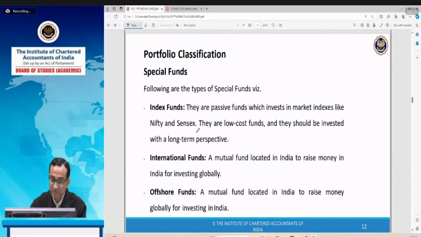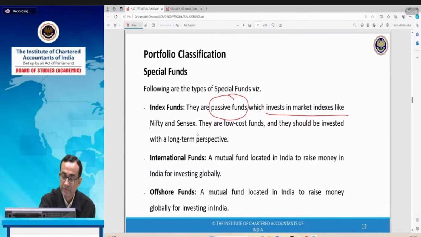The first important point is that these are passive. The second point is that they invest in market indexes such as Nifty and Sensex. And they are low cost and invested with a long term perspective.